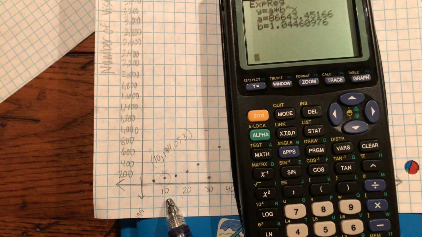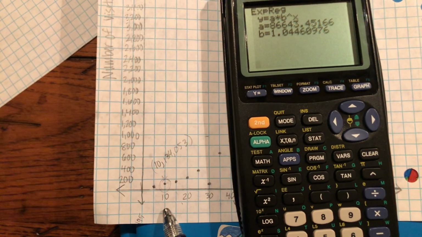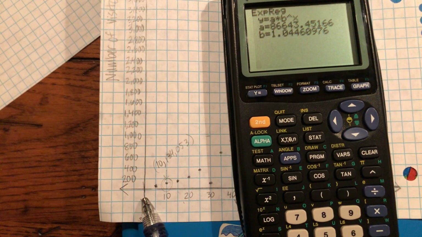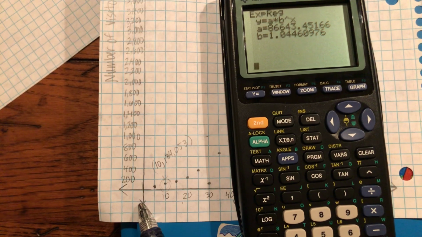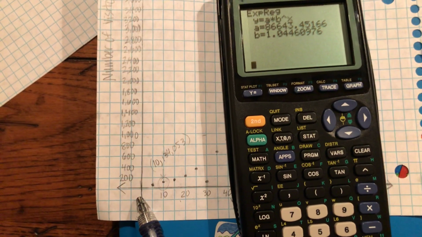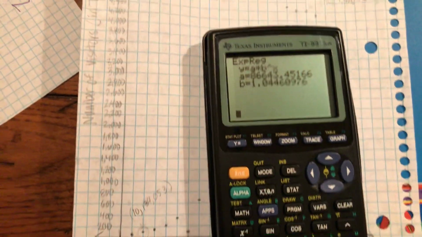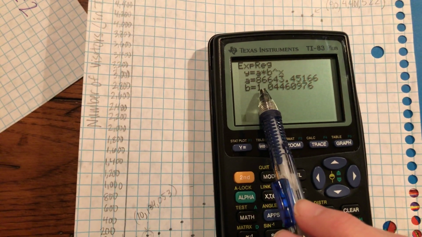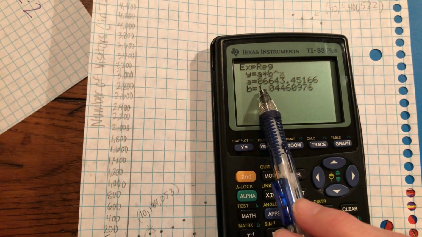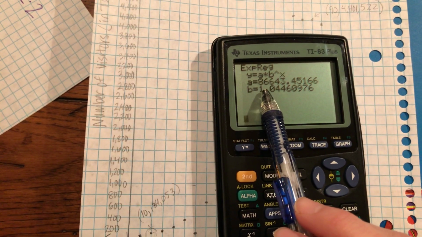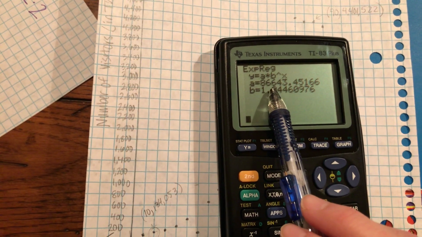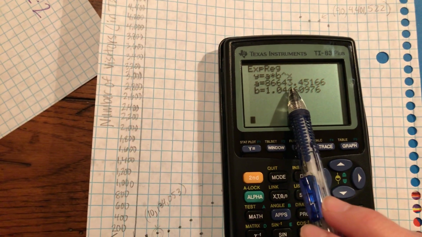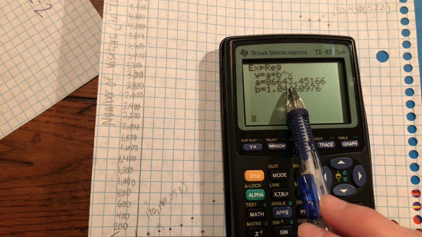On my particular graph, my numbers are how many years since 1915. So my y-axis actually represents the year 1915. So this is saying that in 1915, according to this model, there were 86,643 visitors to the park.